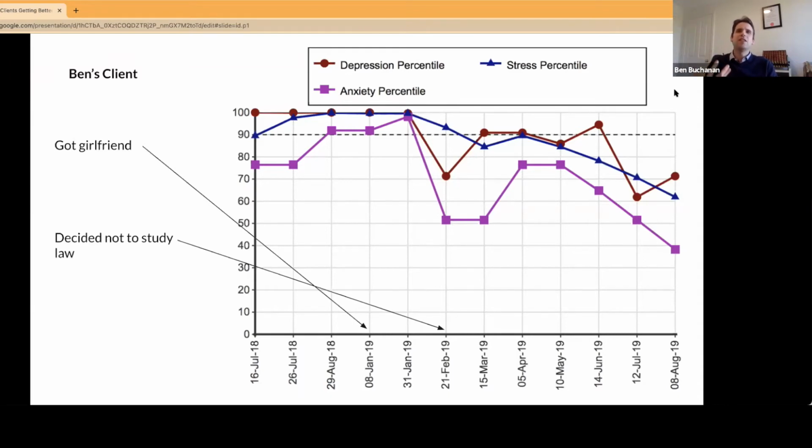So that decision to not study law was incredibly empowering for him. And so we were able to piece it back retrospectively and say, well, that's one of the key reasons that you had this change in mindset around studying law, which allowed you to make that decision, which improved your mental health. Can you go to the next slide, Nathan?